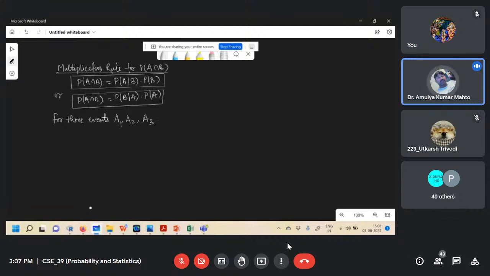Then the multiplication rule will be: probability of A1 intersection A2 intersection A3 equals, suppose I am taking A1 intersection A2 together, probability of A1 intersection A2, and then intersection A3.